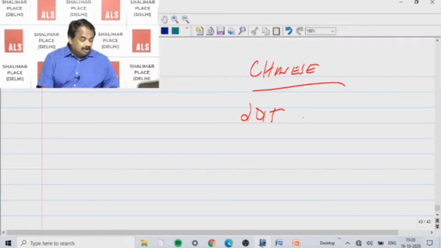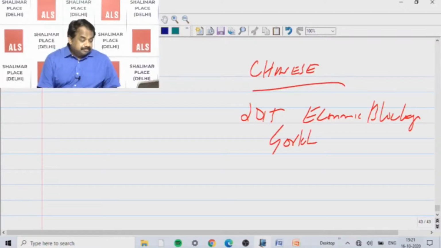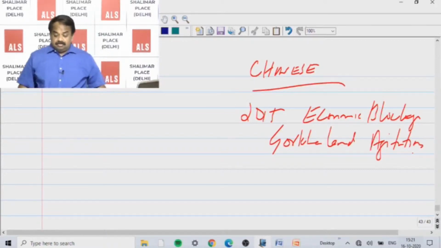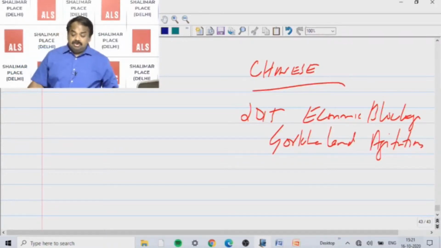We are treating it as an asset, and we have seen earlier economic blockades also, even the 2015 economic blockade, and earlier the Gurkhaland agitation.